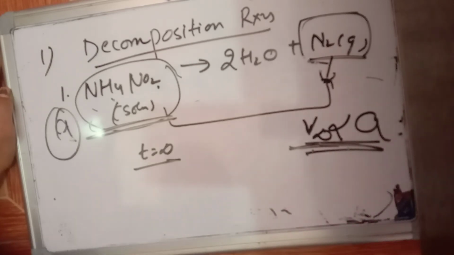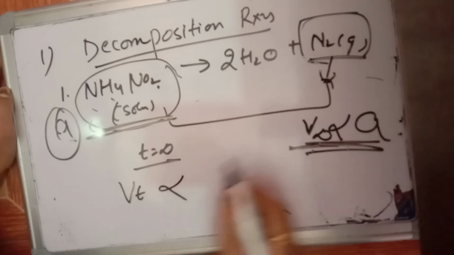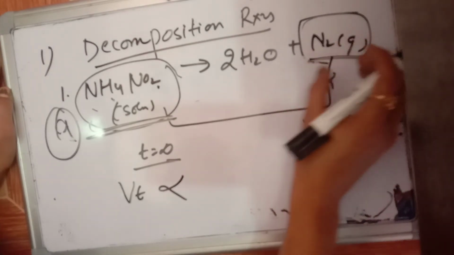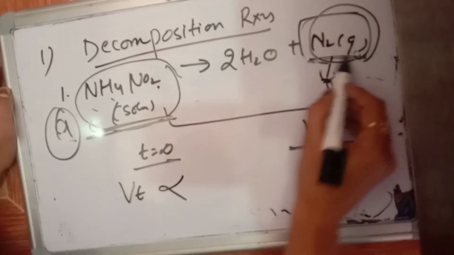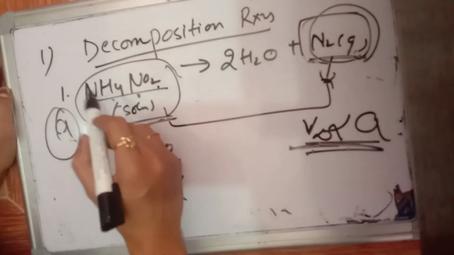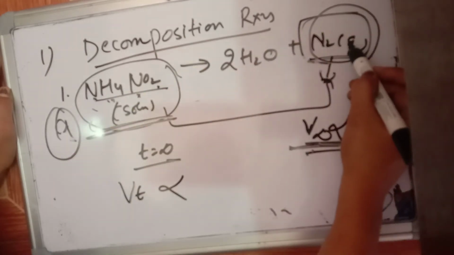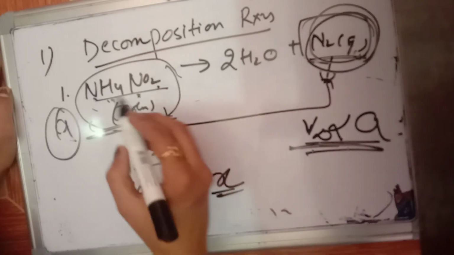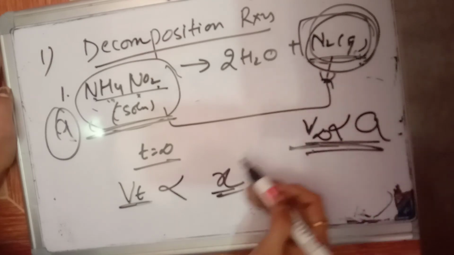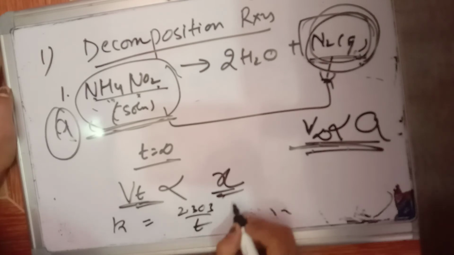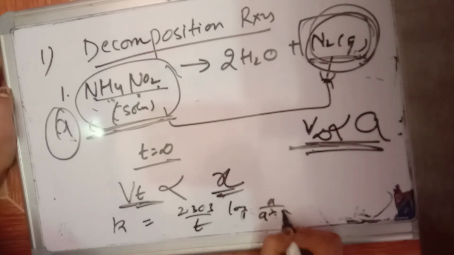At any time t, how much nitrogen will be formed? It depends upon the amount of ammonium nitrite which is getting reacted, because ammonium nitrite is getting converted to nitrogen. So the volume of nitrogen at any time is proportional to x, the amount which has been decomposed. So Vt is proportional to x. My expression was k = 2.303/t log a/(a − x).